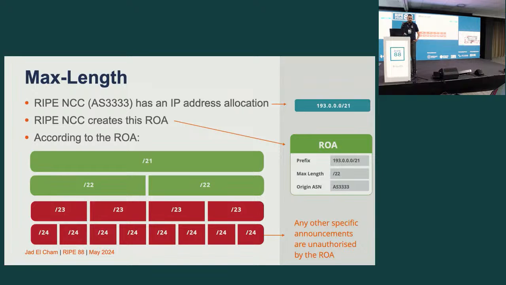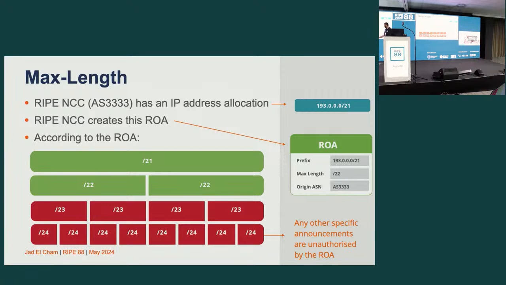Now, you can tell me, all right, why don't we create a ROA for the /21 with a maximum length of a /24? So basically, everything would be valid. While that is true, that creates a security caveat where, let's say, you're not announcing this /24, but you have a ROA that validates everything.